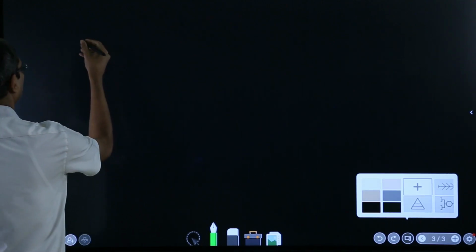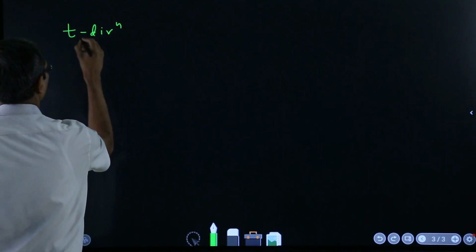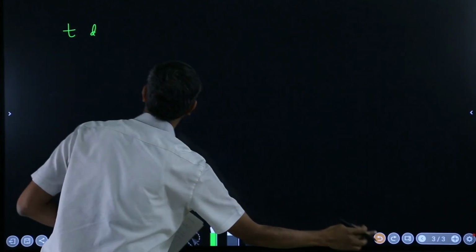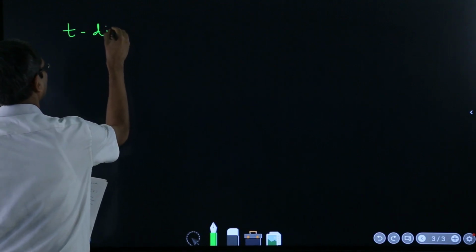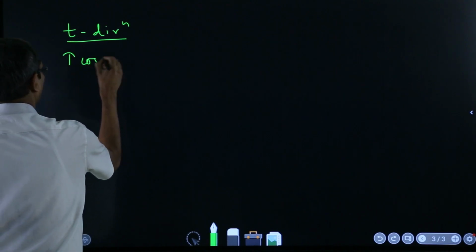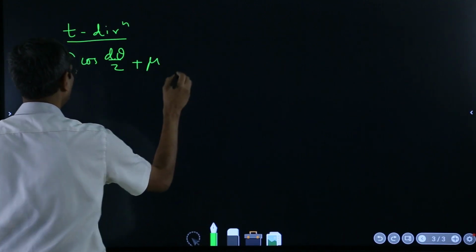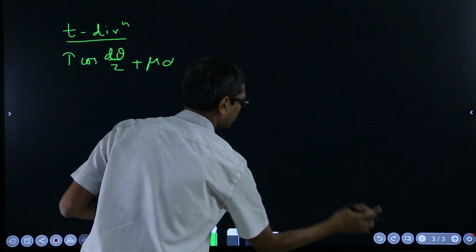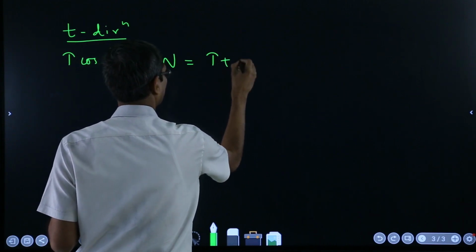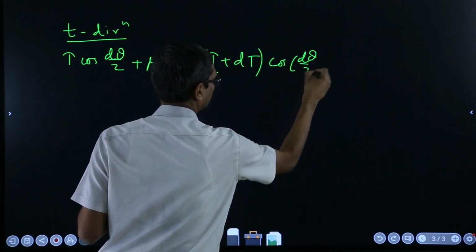So we have these two equations now. Balance in the tangent direction: the balance equation becomes T cos of d theta over 2 plus mu N, I am writing N here, should be equal to (T + dT) cosine of d theta over 2.